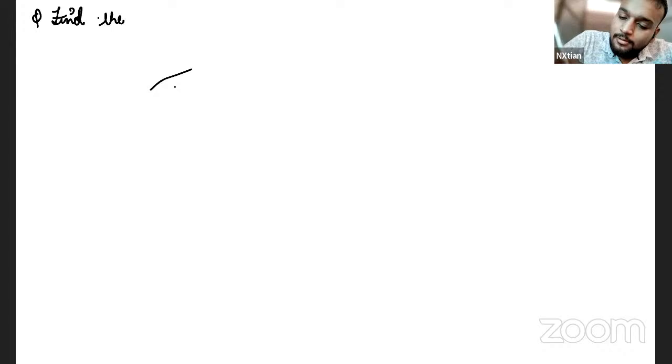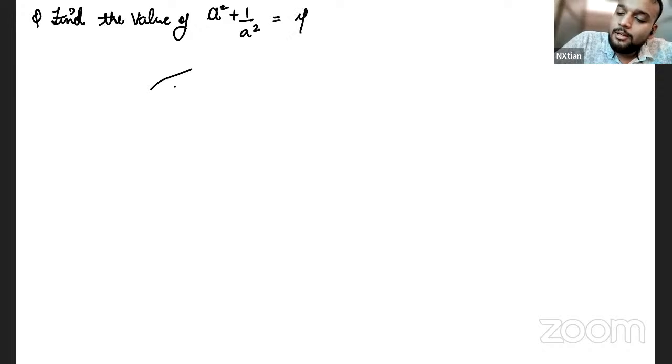Now, we were doing questions like this: find the value of a square plus 1 upon a square if a plus 1 upon a equals 2.